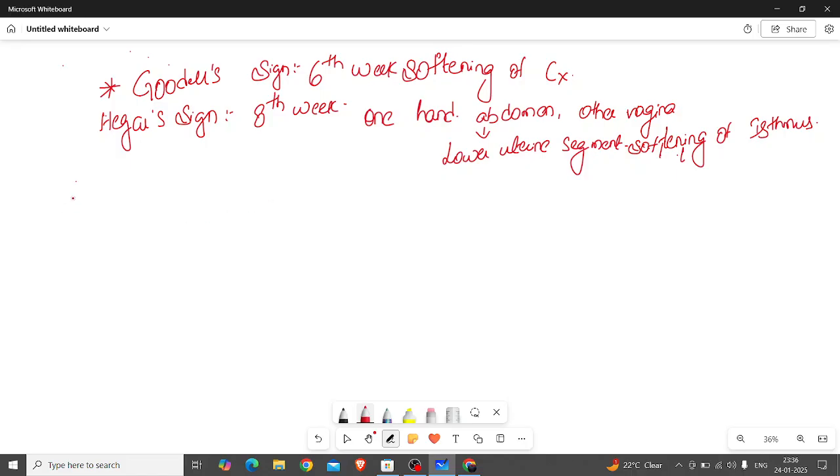Next sign, Palmer sign. Did anyone hear about this Palmer sign? During labor, we usually hear that there will be contraction and relaxation. But in the pregnancy period also, from the 4th week to the 10th week, we feel this Palmer sign.